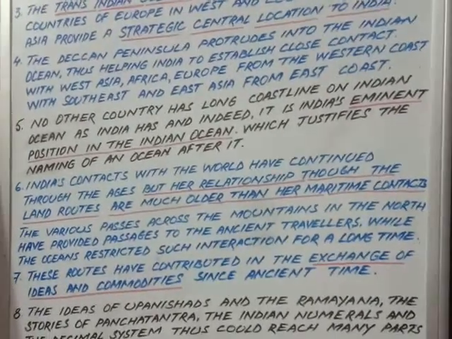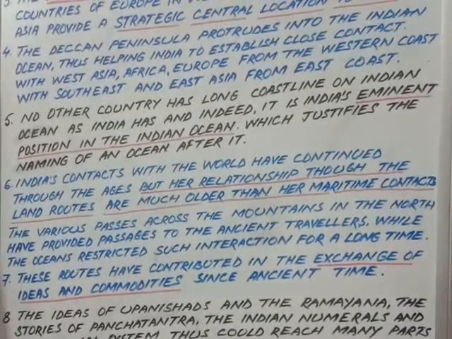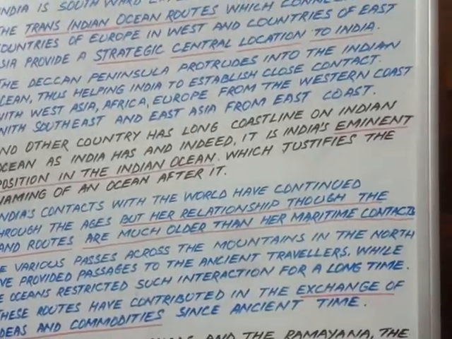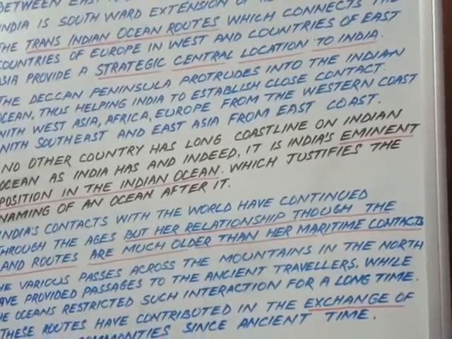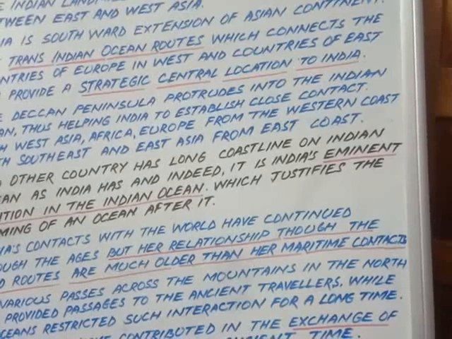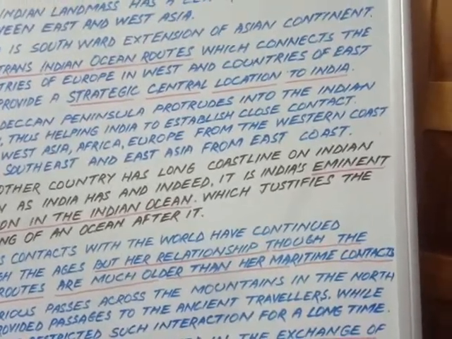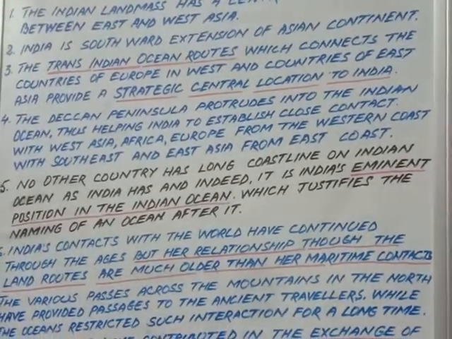You have heard about the Silk Route. The Silk Route starts from China, travels through Kashmir, then goes through Afghanistan to Iran, Iraq, and then to Turkey and to the Mediterranean coast and the city called Constantinople.